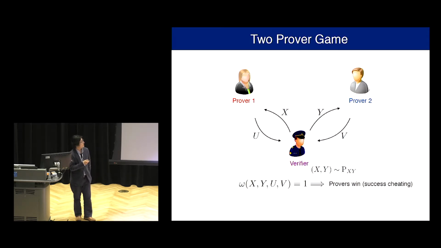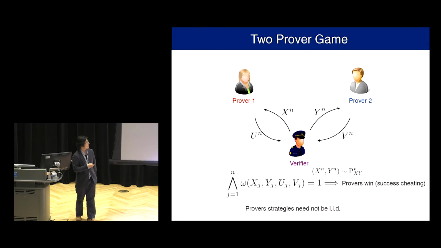And we can also play this kind of game n times repetitively. In the n-repetition game, first the verifier samples n queries X^n, Y^n based on an IID distribution and sends the queries. Then the provers send replies U^n and V^n. Here, the verifier's query is sampled according to an IID distribution, but the provers' reply may not be IID. They can use an arbitrary strategy.